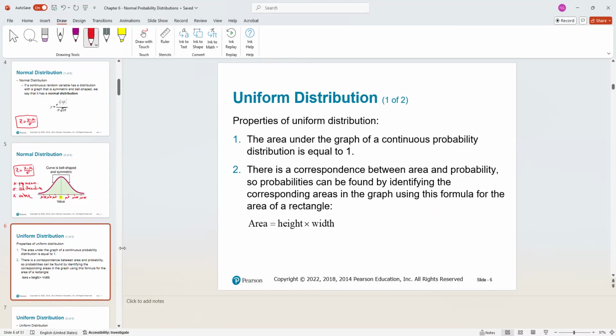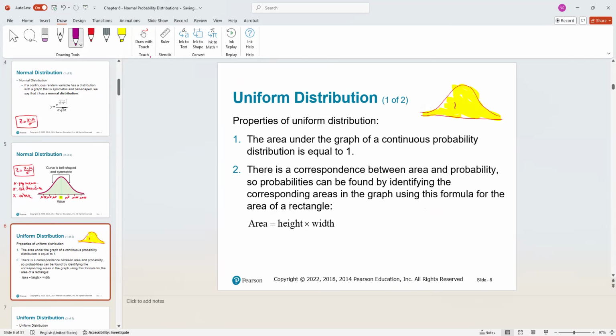The area under the graph of a continuous probability distribution is equal to 1. So when we talk about the area, that means the total area here is 1. Remember, it's probability, so probability is 100%.